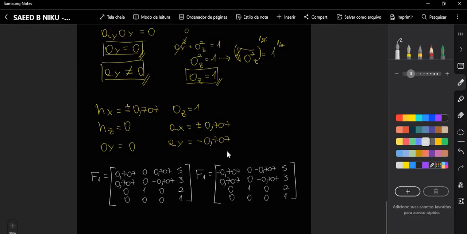And with this, we finish the example, and it says that, as you can see, both of these matrices satisfy all the requirements defined by the equations of restriction.